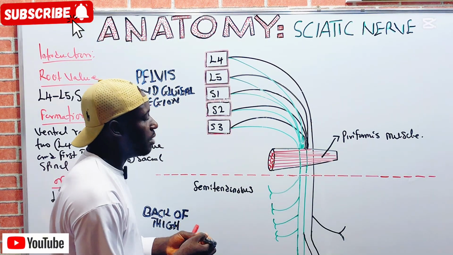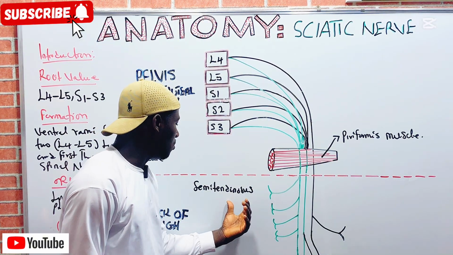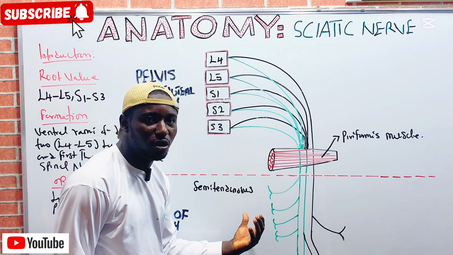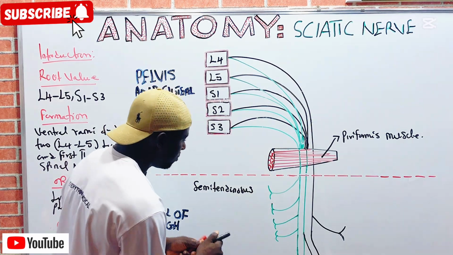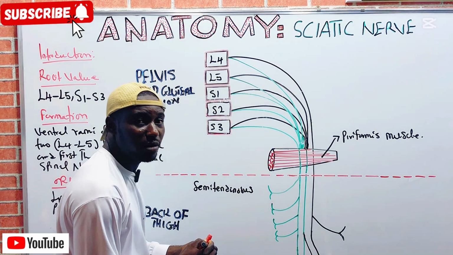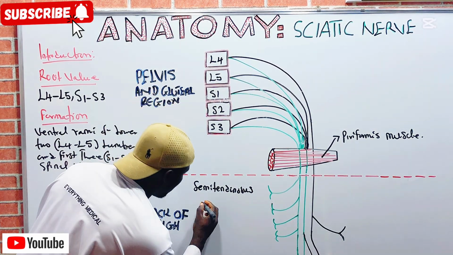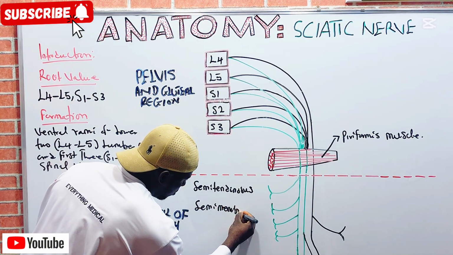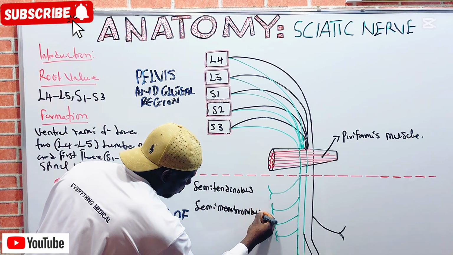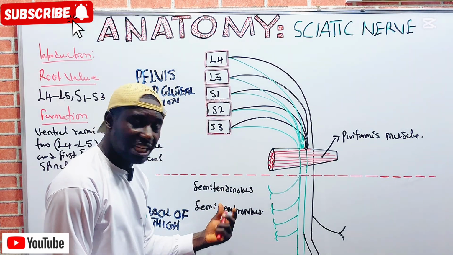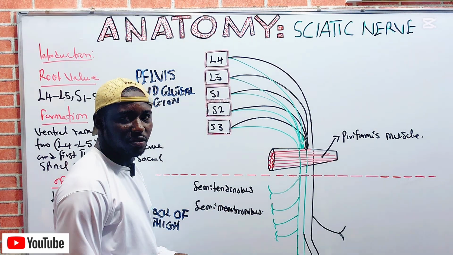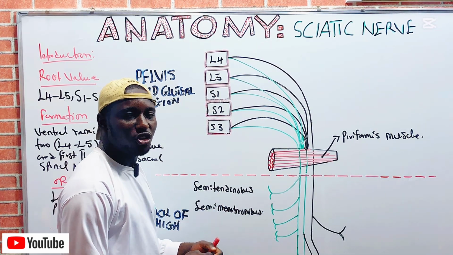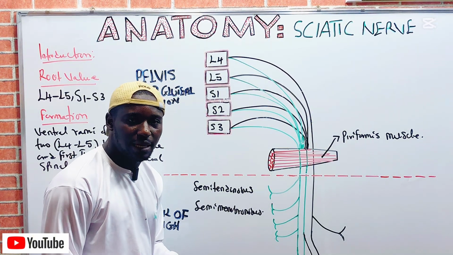So it gives a motor branch which supplies the semitendinosus, which is called the nerve to semitendinosus. It also gives a motor branch which supplies the semimembranosus. These are motor branches. It also gives a branch which supplies the long head of the biceps femoris.